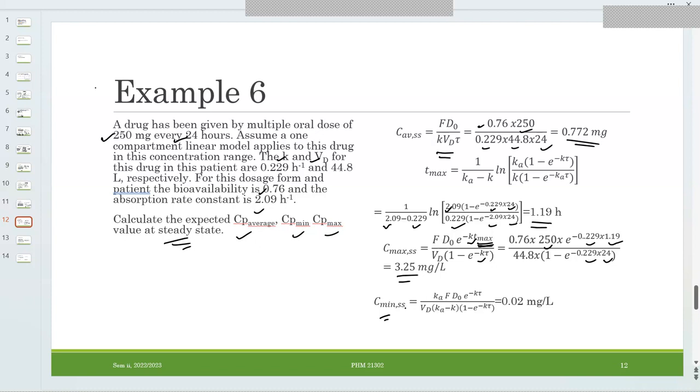Cmin, as we said here, you cannot calculate simply by multiplying by the elimination fraction. It has its own equation because there is an absorption process going on between Cmax and Cmin.